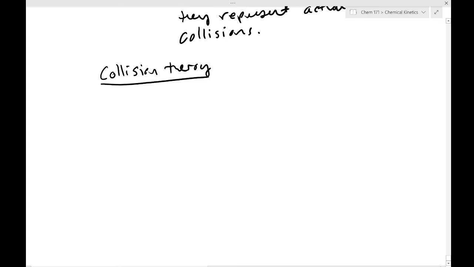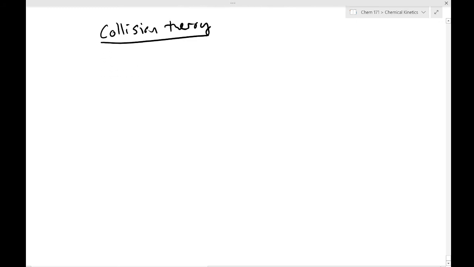Collision theory. Okay, so if we have some sort of reaction between a gas A and a gas B producing some product C, two things can happen here.